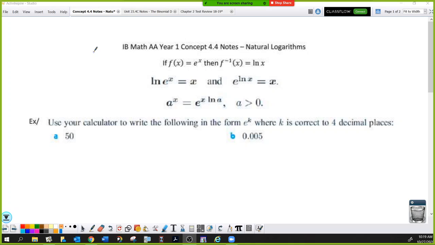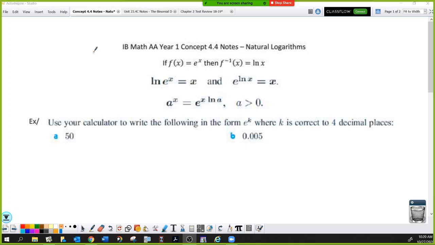ln is simply a logarithm, but it was such a common logarithm that mathematicians decided to give it its own symbol, ln. But ln literally stands for log of natural base. Last unit, we were talking about exponentials, and we had something called the natural base e.